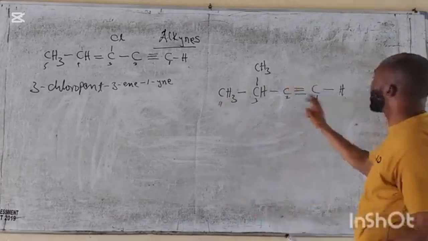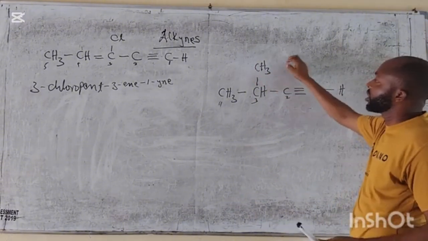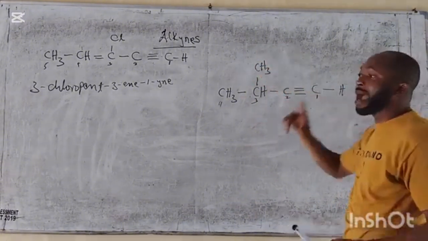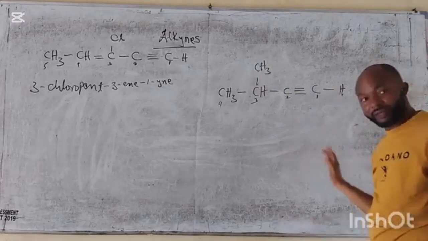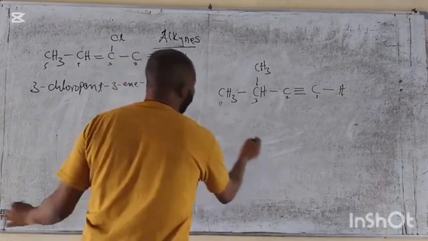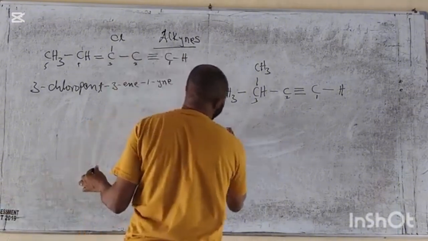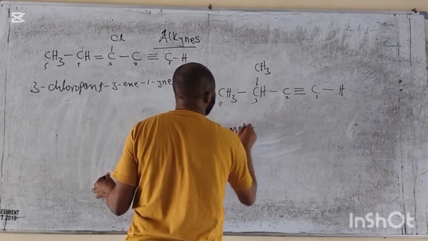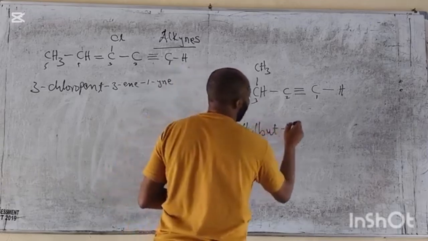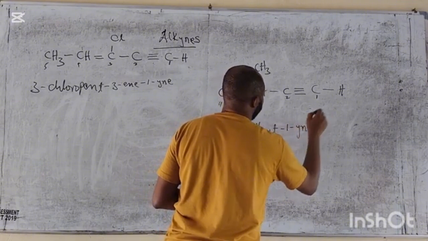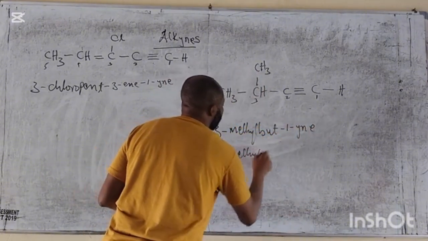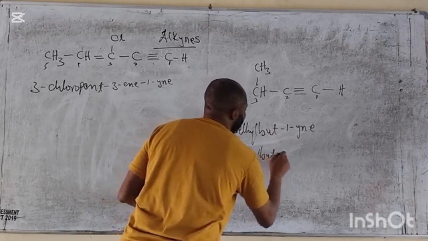So 1, 2, 3. 3-methyl, there is a substituent in carbon 3. 3-methylbut-1-yne or 3-methylbutyne, any of the two will suffice. So I have 3-methylbut-1-yne or 3-methylbutyne.